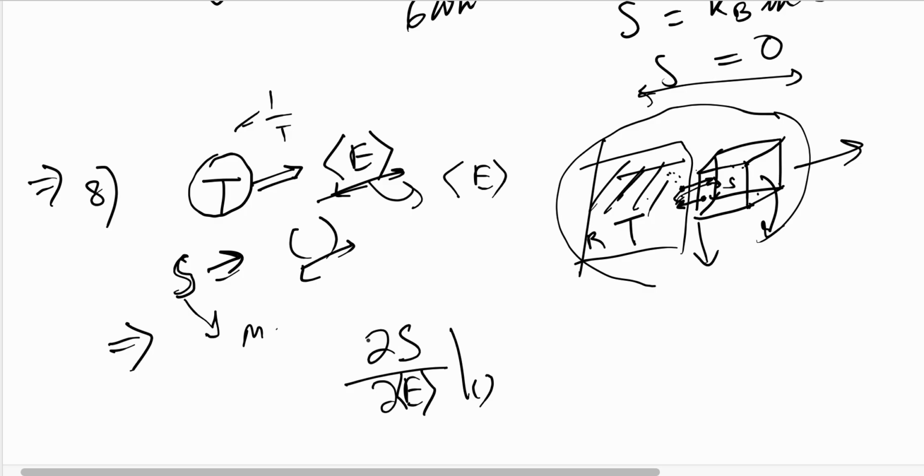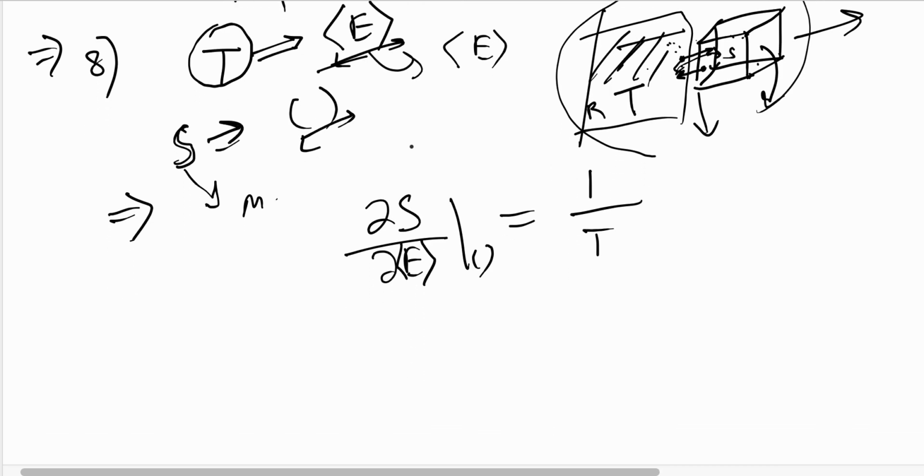So the partial derivative del S del E, the change of entropy with change of energy, is actually 1 by temperature at equilibrium.